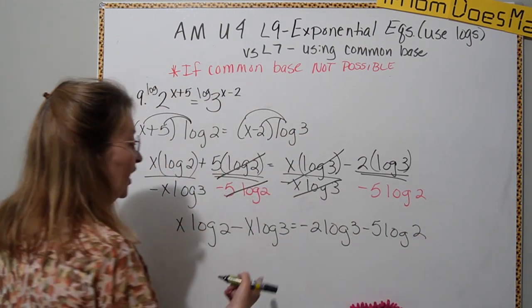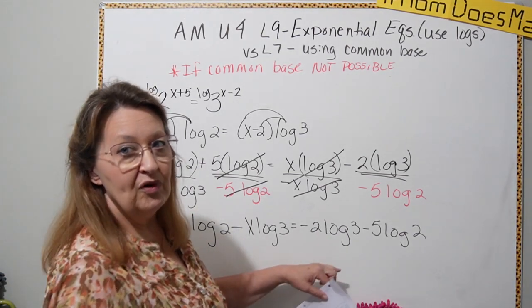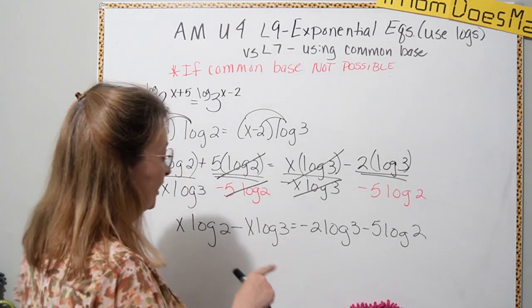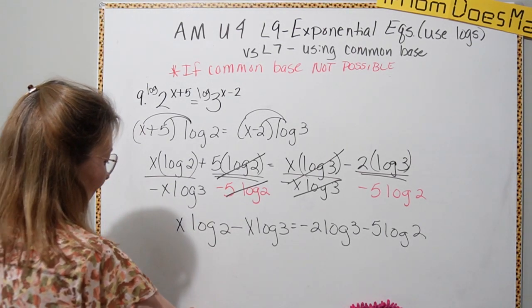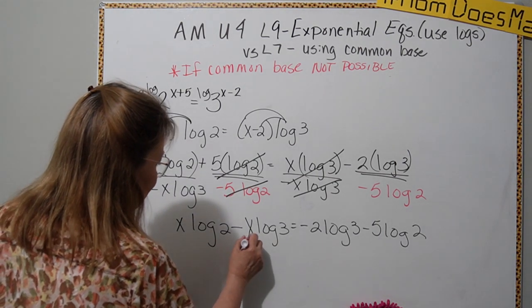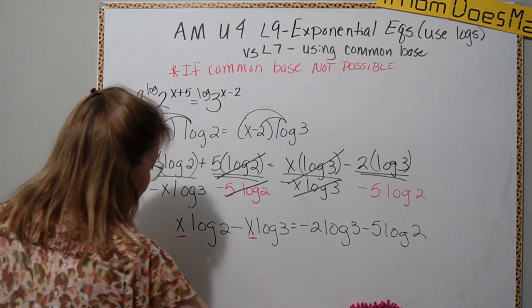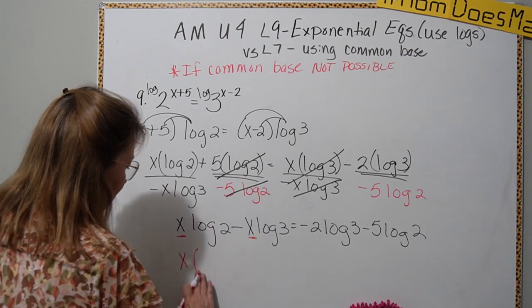And I know that looks crazy, but you have to understand that is a number. You can put this in your calculator and it will give you a decimal, one single decimal, so keep that in mind. Now, the problem is here, I need to get this x out. Well, it happens to be a common factor. So what I'm going to do here is divide the x out of both of these.